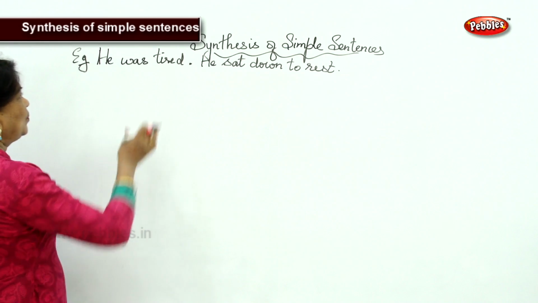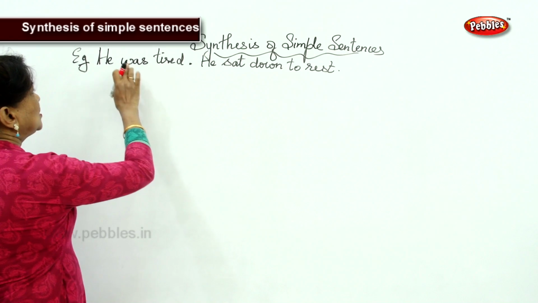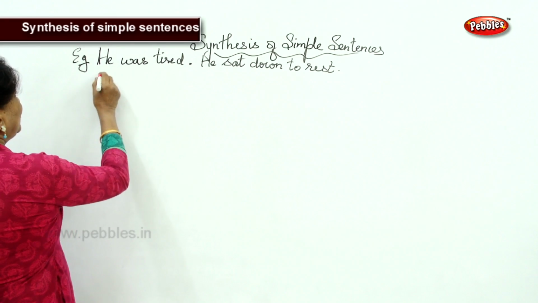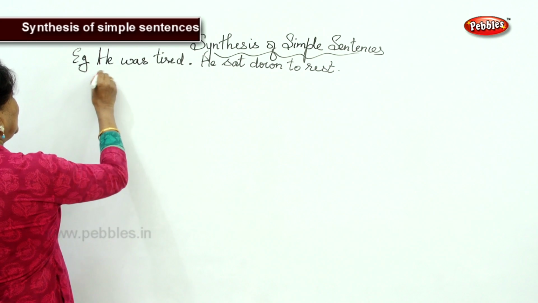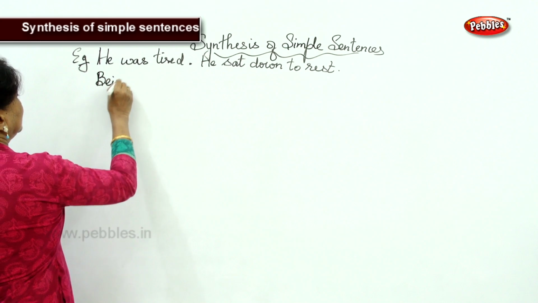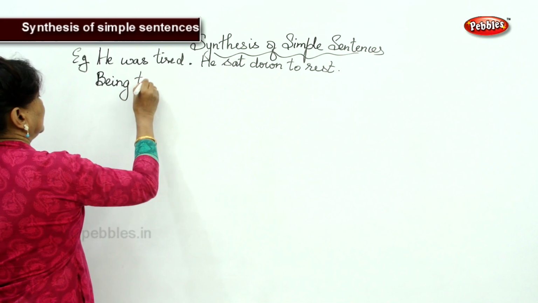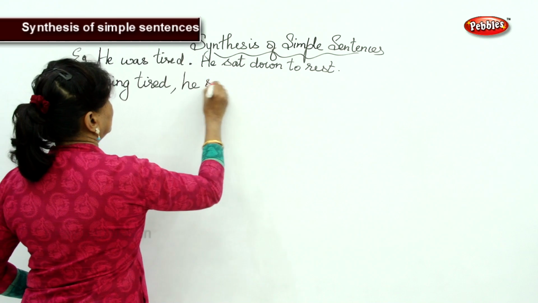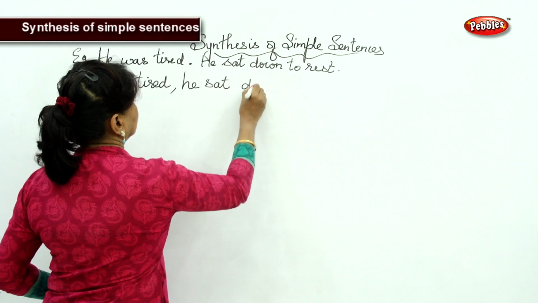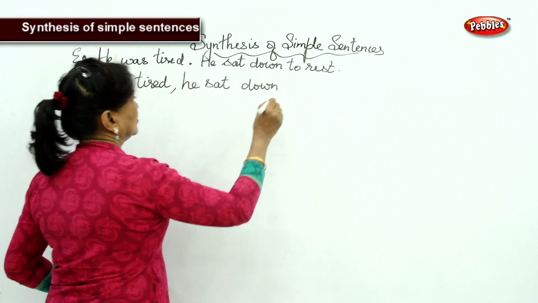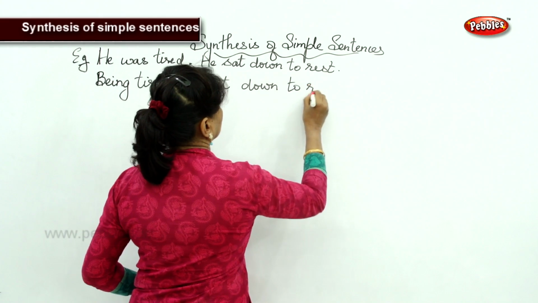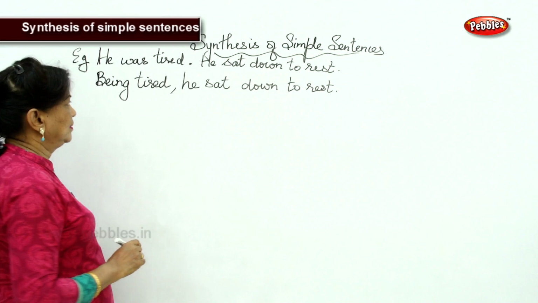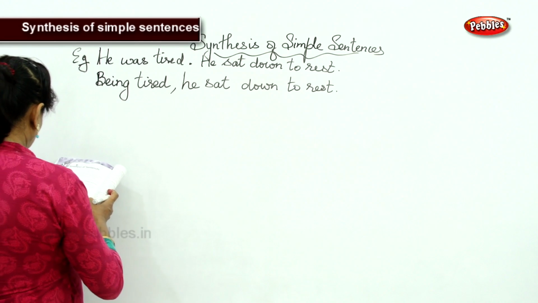Now we can't say "was"; here is a be form of a verb. So we are using being tired. He sat down to rest. Okay. Is that clear? Next one.